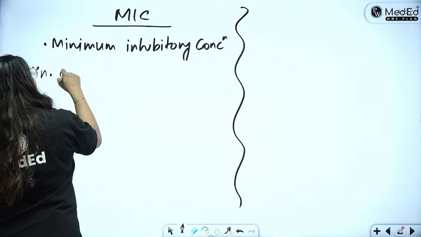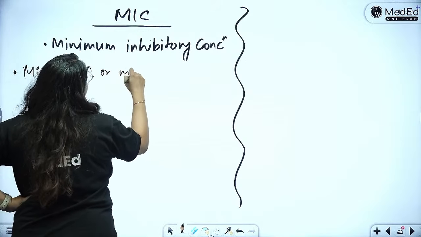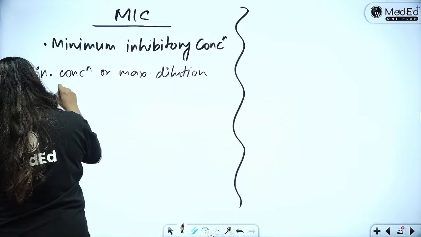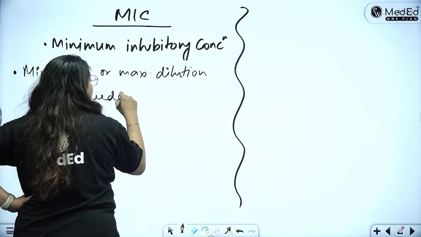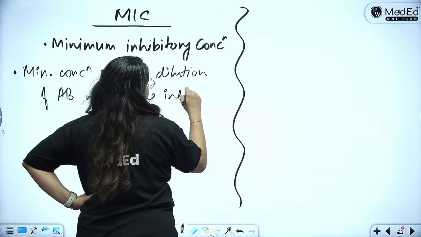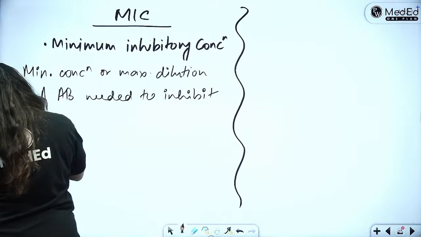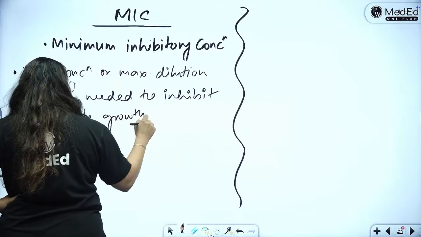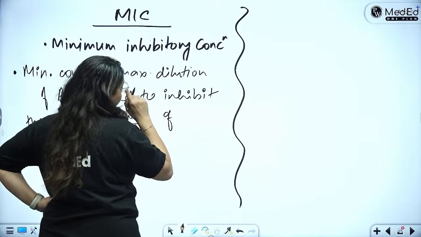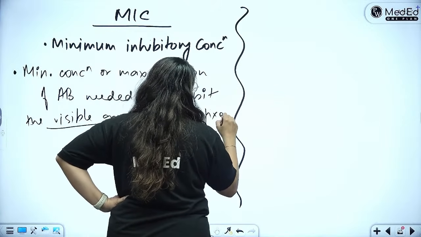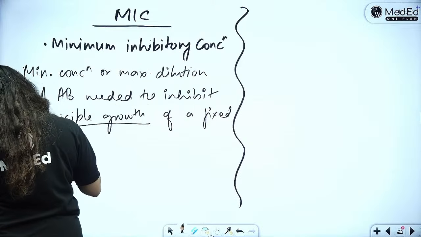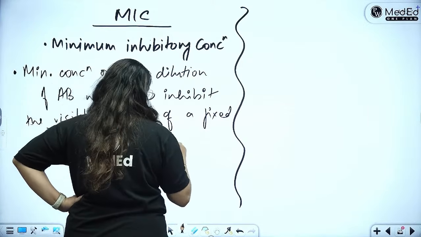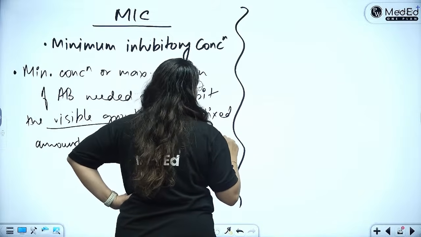So the minimum concentration or maximum dilution of antibiotic needed to inhibit the visible growth, which means the turbidity, of a fixed amount of bacterial inoculum. Okay, that is minimum inhibitory concentration.